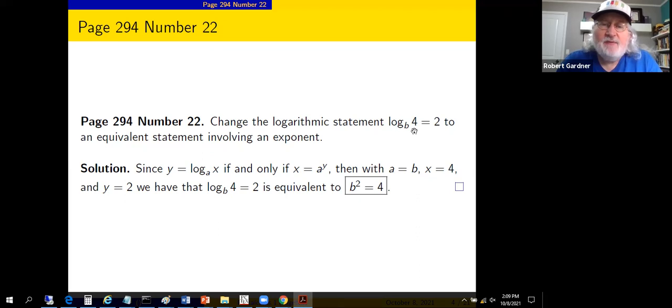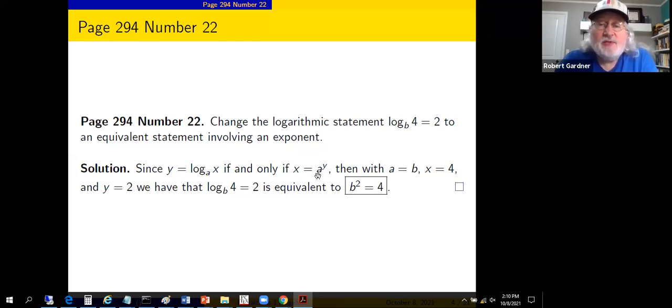What's inside the log function is a 4. We have inside the log function, in these symbols, x, so x equals 4. And the logarithm is equal to y. Here the logarithm is equal to 2, so y equals 2. A equals b, x equals 4, y equals 2.